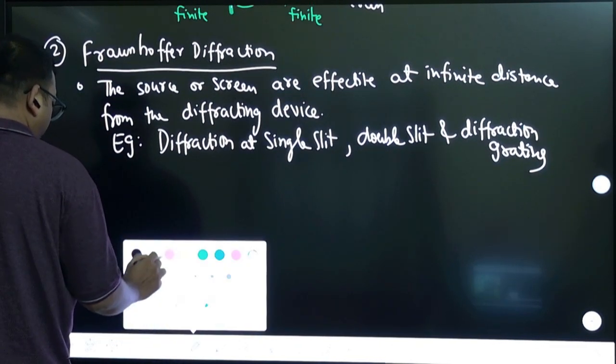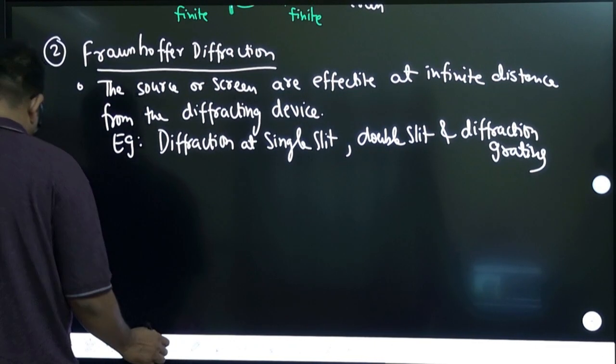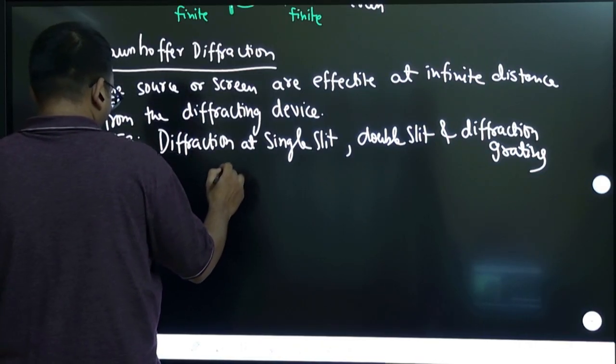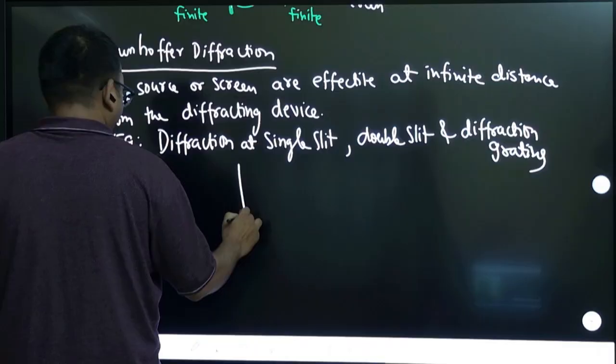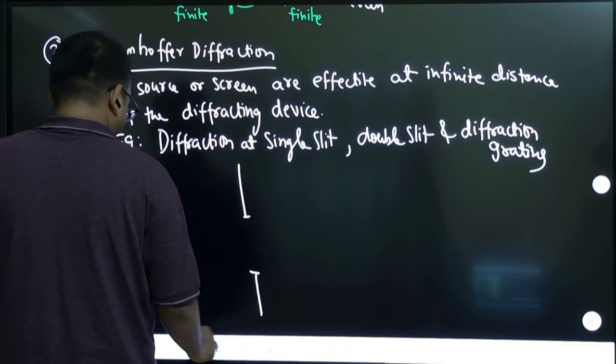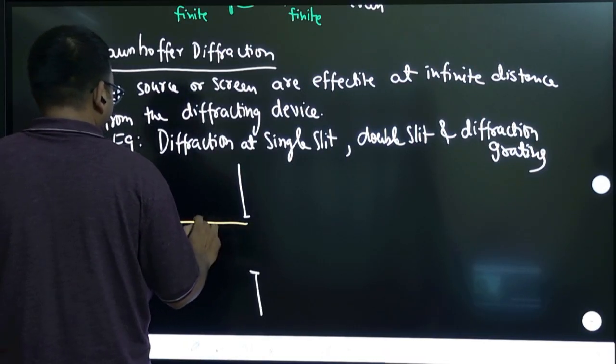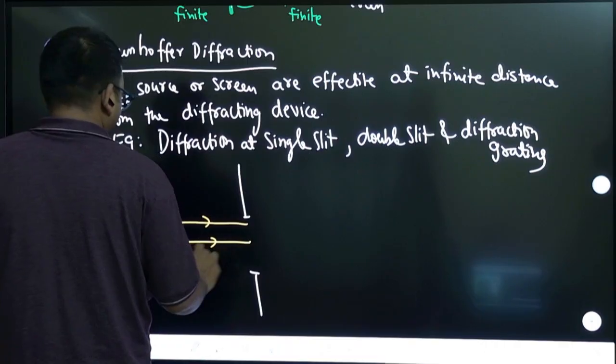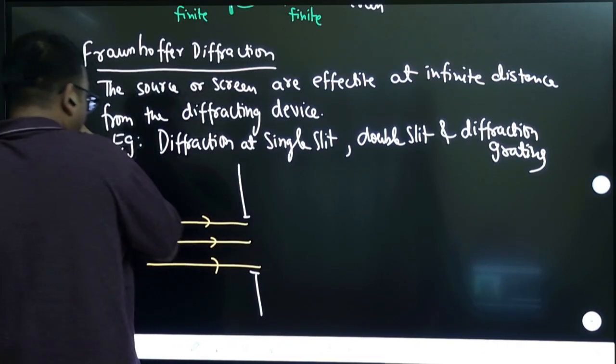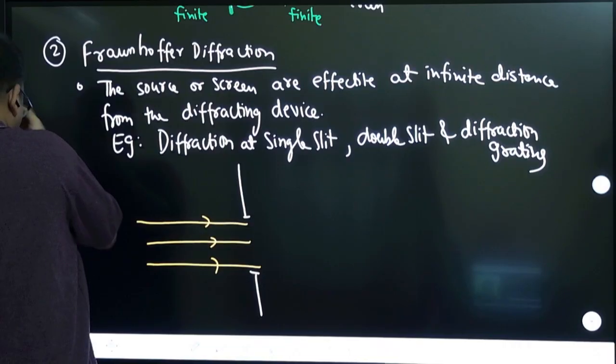Infinite means rays will become parallel rays. Suppose we have a single slit and the rays of light are coming parallel, you can say that the source is at infinity.